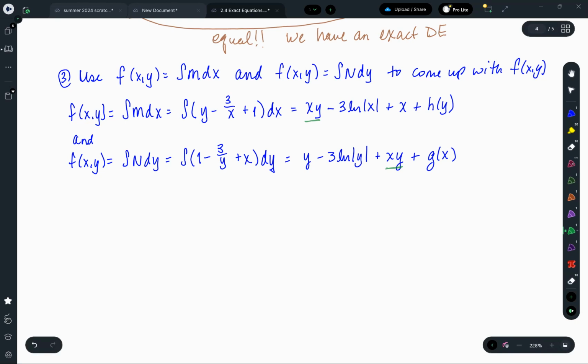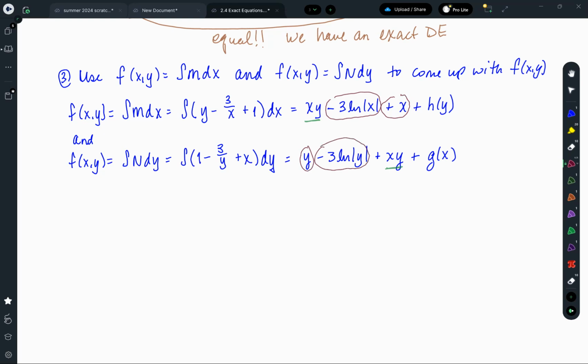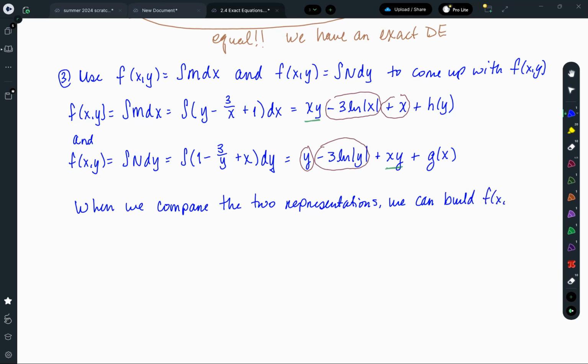What's different is the minus 3 ln of x, the plus x, the y, and the minus 3 ln of y. So I have to make sure that those show up in my full formation. So when we compare the two representations, we can build f of xy.